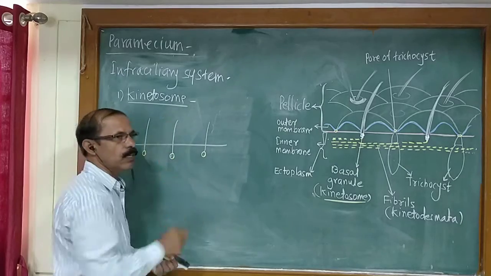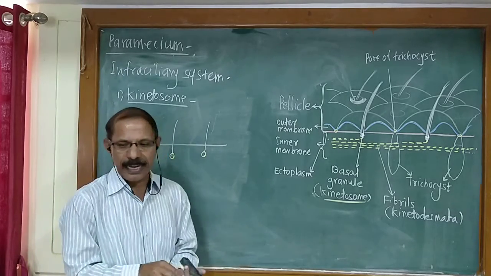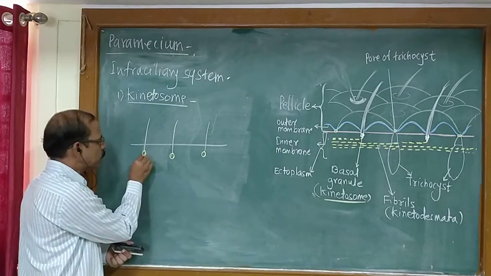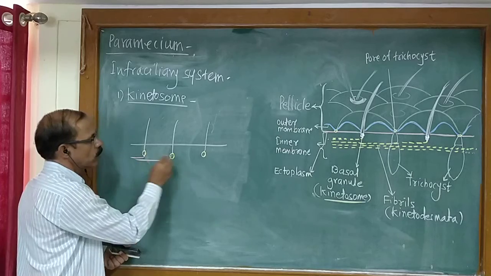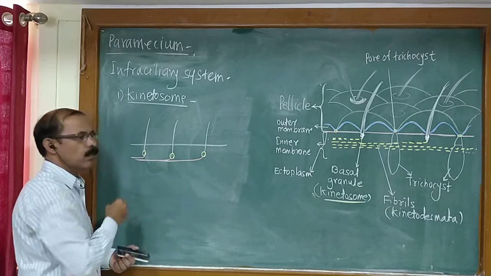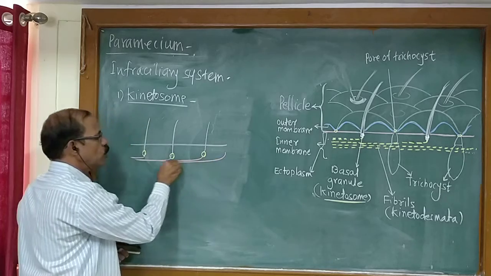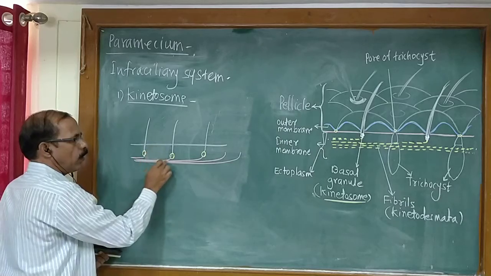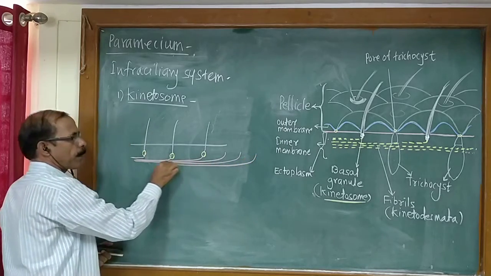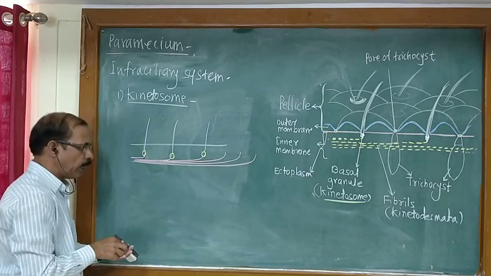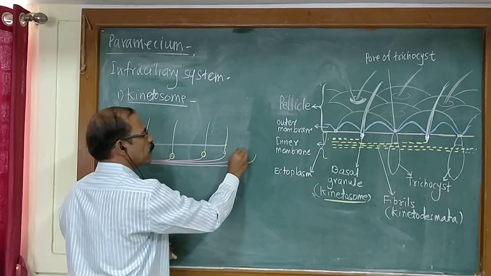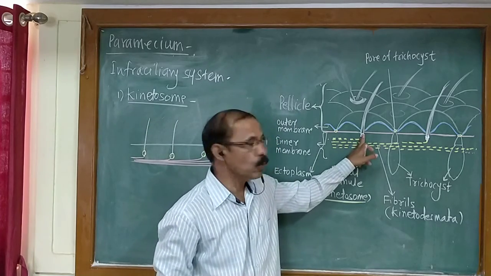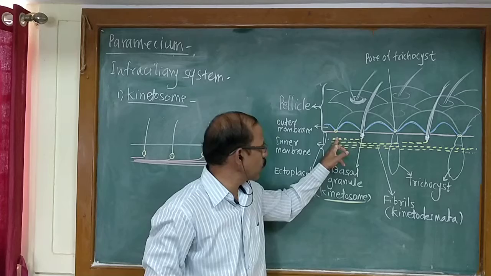This is about the kinetosome. Second, from the kinetosome there arise fibrils like this. From each kinetosome, the fibrils are arranged and run longitudinally, parallel to the pellicle. See here in this figure, this is the kinetosome, and arising from it is this dotted structure.